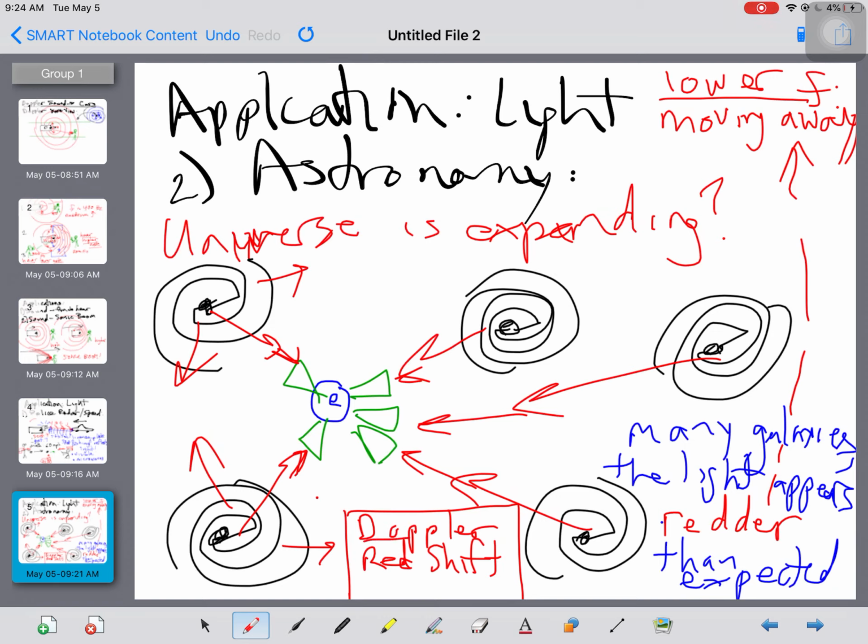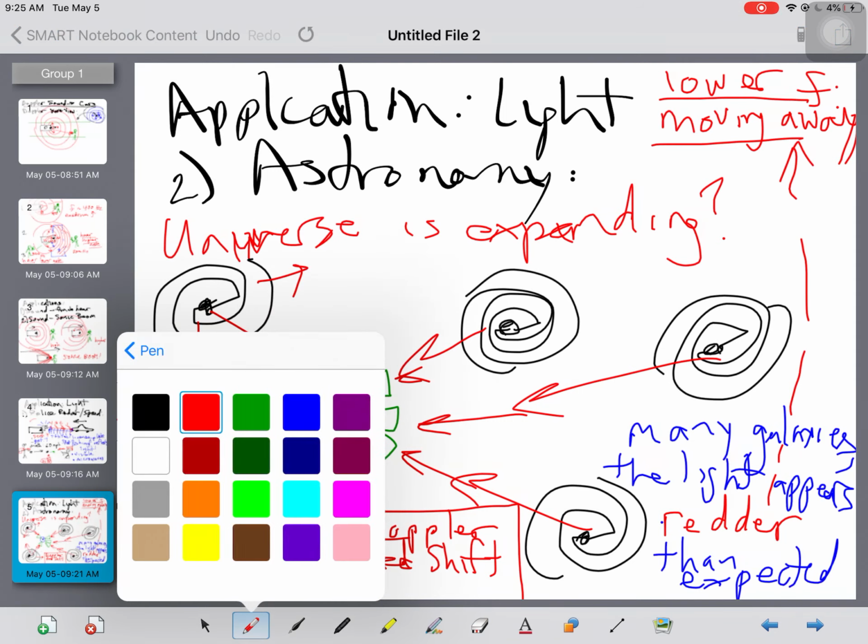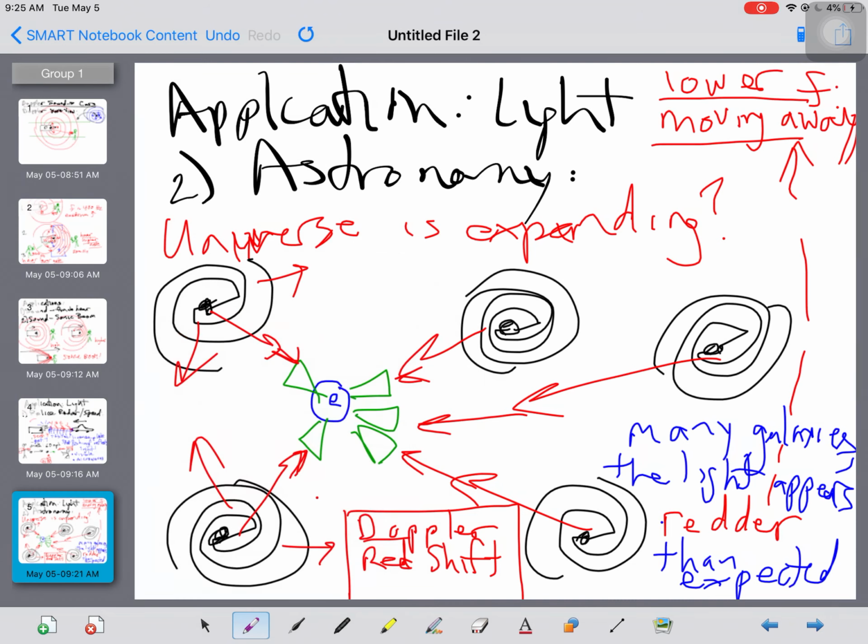And because we understand the Doppler effect, lower frequency means they are moving away from us. So if all the stuff is moving away from us, that means things are expanding. And if things are expanding, that means once upon a time they were closer. And if once upon a time they were closer, well, what is that? We have a name for all that right there. In science, this brings us back to what we call the Big Bang.